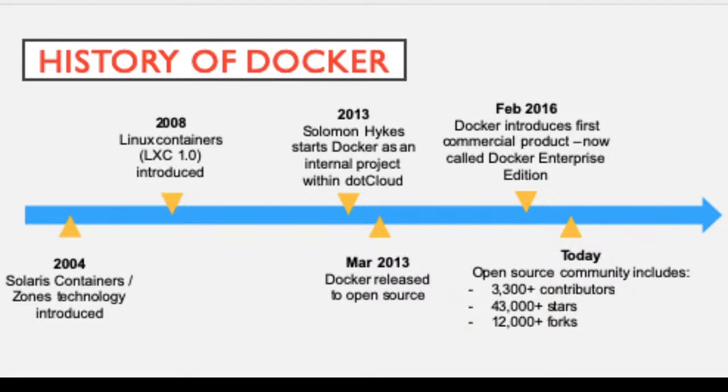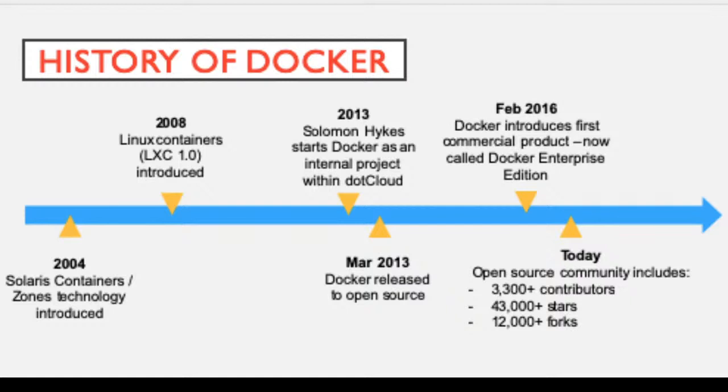Then 5 years again down the line, we had something called Docker. So Docker came into existence in 2013. In March of 2013, Docker was made open source.